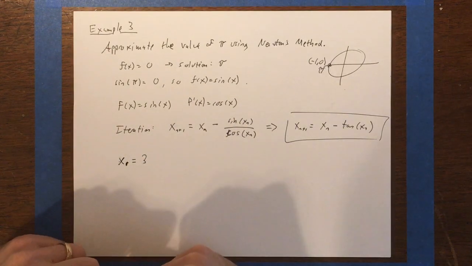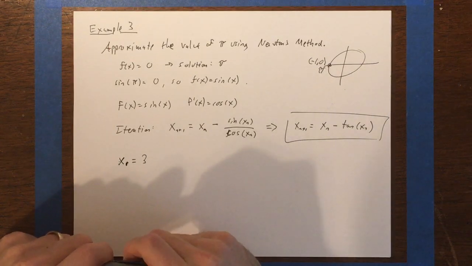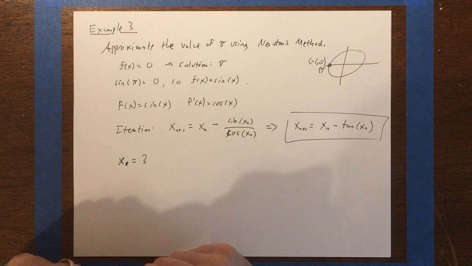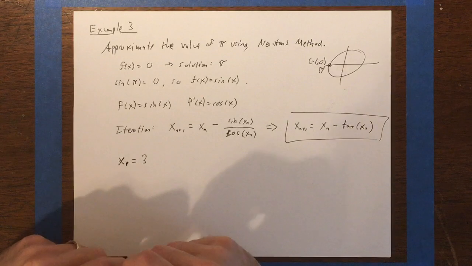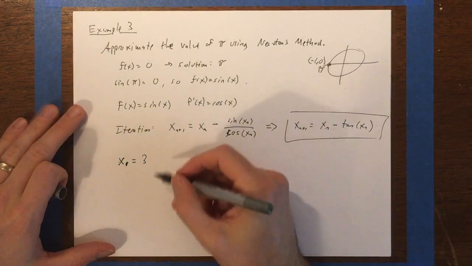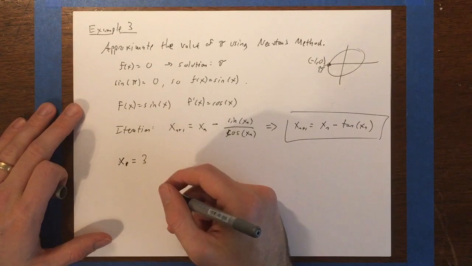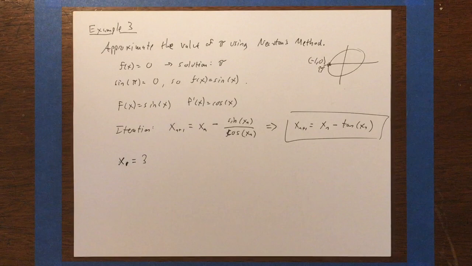I don't know why they actually made a law to say that. It's ridiculous. But throughout history, people have used various approximations for pi, like 22/7 or whatever. But 3 is what we're going to start with as our guess. That's pretty close, right?